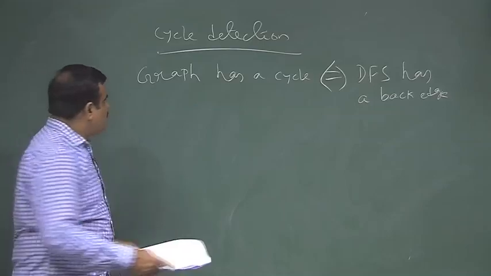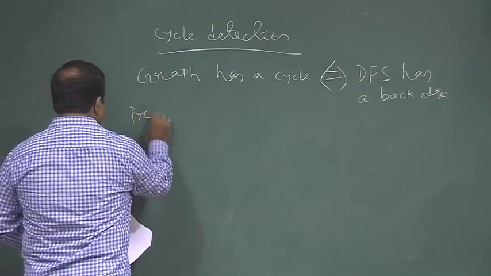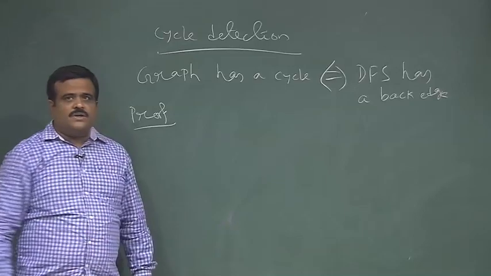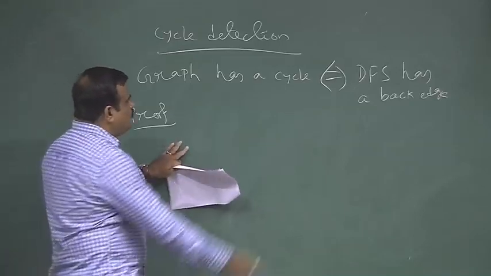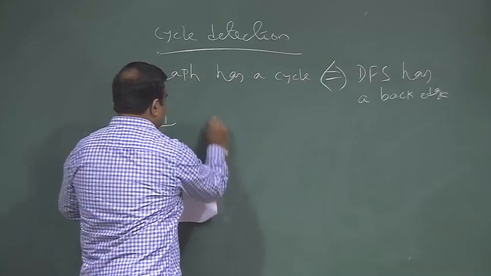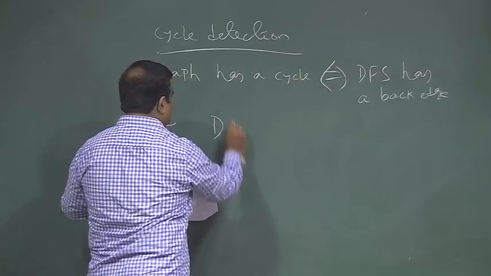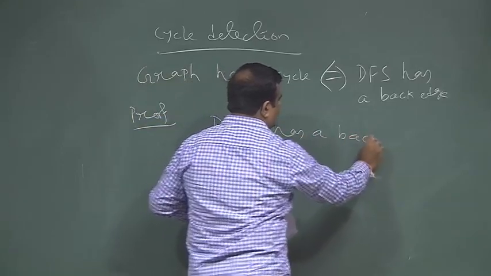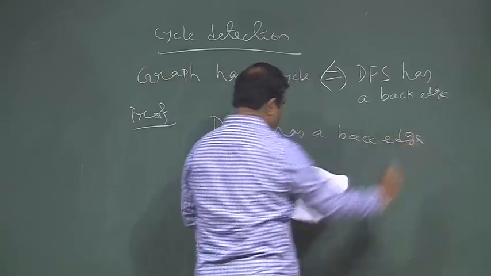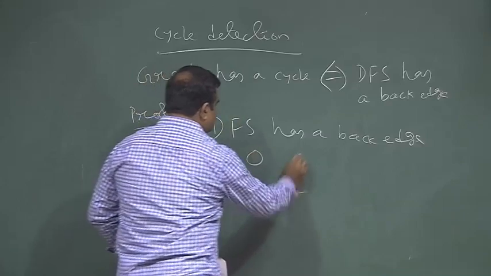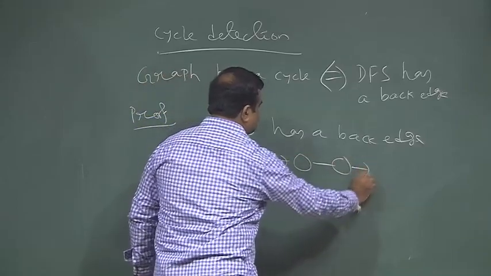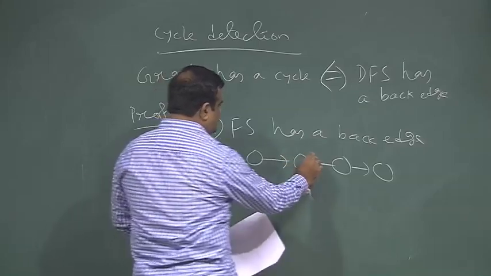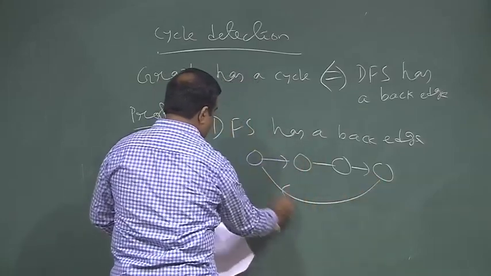Now, let us try to prove this. First of all, we assume that DFS has a back edge. So, we are first proving this side. That means we have this type of thing: these are the tree edges, and we have an edge like this.